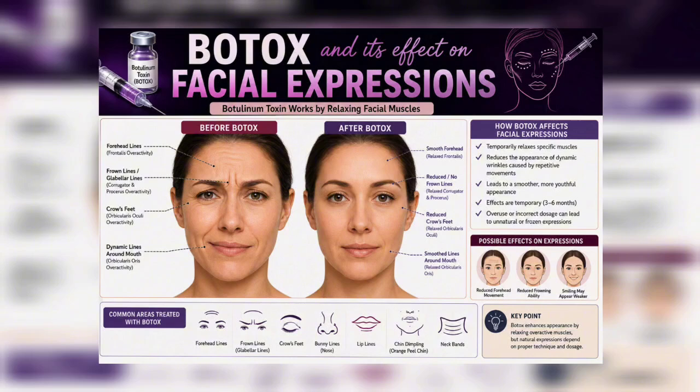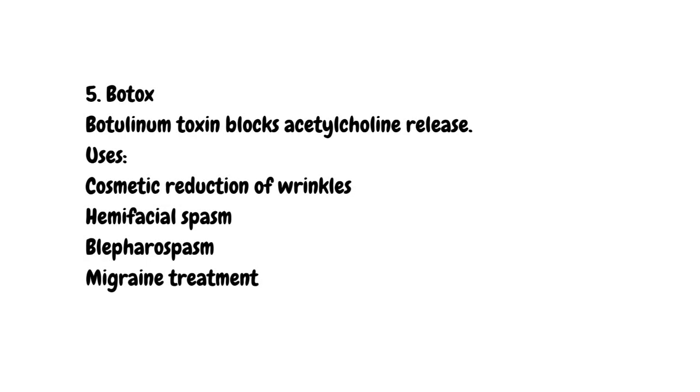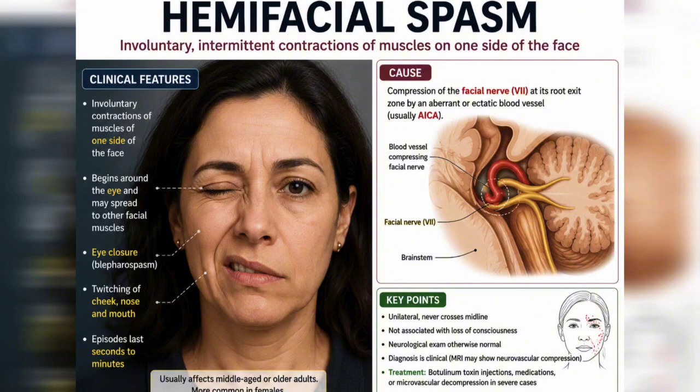You are actually blocking the nerve signals to the muscle, so the wrinkling and everything would not be produced. These are used for cosmetic procedures, hemifacial spasm, blepharospasm, and migraine treatments. It contains a toxin called botulinum toxin, which blocks the acetylcholine release.